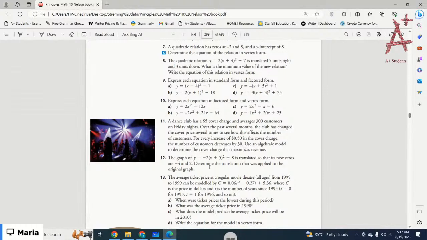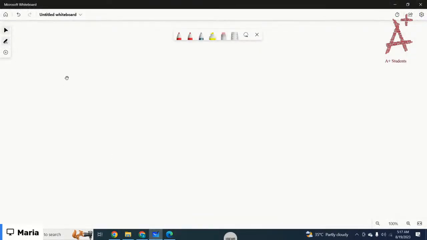Determine the translation that was applied to the original graph, right? You are given the x-intercepts, the new zeros are negative 4 and 2, right? So with the new zeros, the new equation would be y equals negative 2, x minus 2 and x plus 4, right?